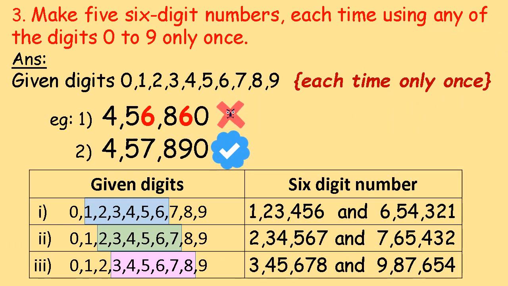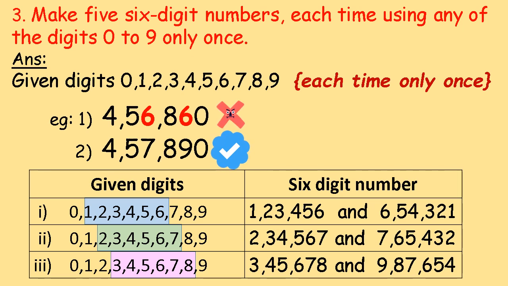Next question is, make 5 6-digit numbers each time using any of the digits 0 to 9 only once. Here, given digits are 0, 1, 2, 3, 4, 5, 6, 7, 8 and 9. Here, I have shown two 6-digit numbers made by using the given digits.